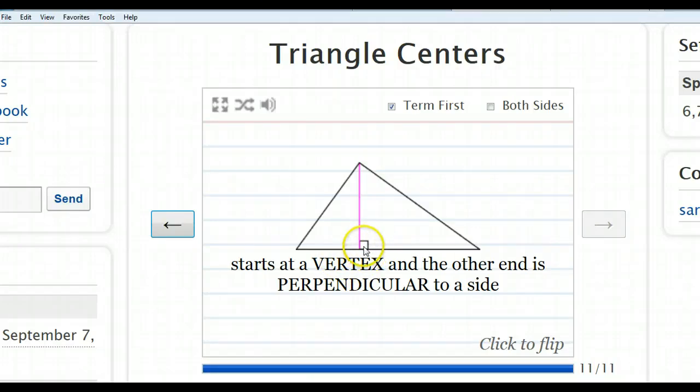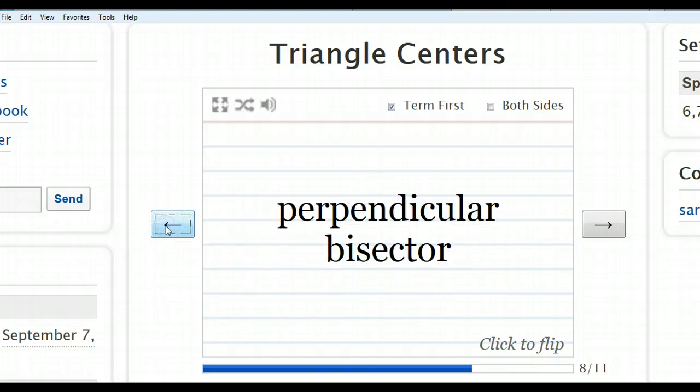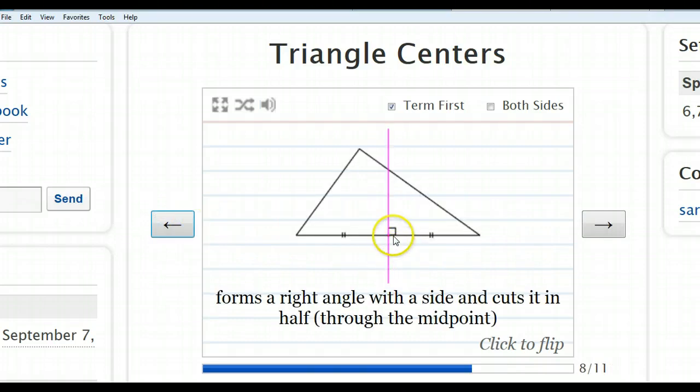So what's the difference? An altitude has to hit a vertex, and it does not have to be at the midpoint. On the other hand, a perpendicular bisector has to go through the midpoint, but it does not have to hit a vertex.